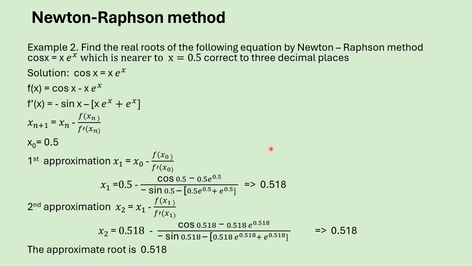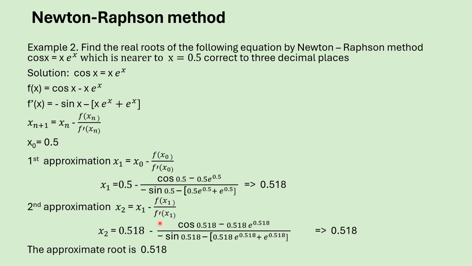Then we have to carry out the second approximation. x2 is equal to x1 minus f(x1) by f'(x1). In this we have to place the value of x1, which is 0.518.